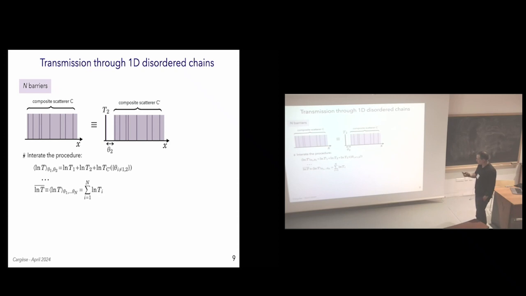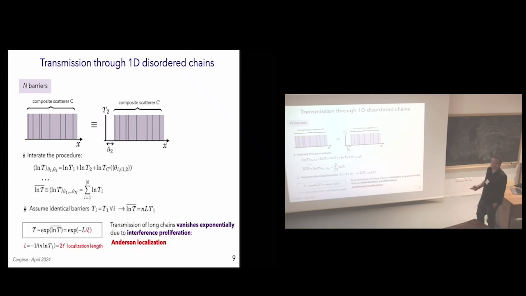After averaging over all the random phases, you get the simple result that the average log transmission is just the sum of the log of all the individual transmissions. For simplicity, we can assume that all the barriers are identical, and you immediately come to the result that the average log transmission is extensive with the system size.